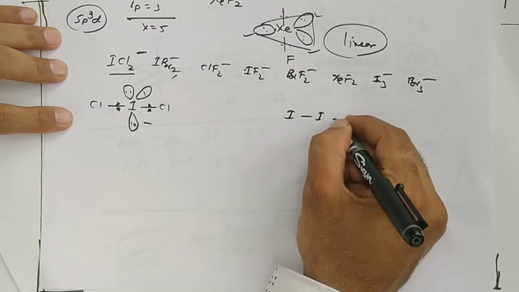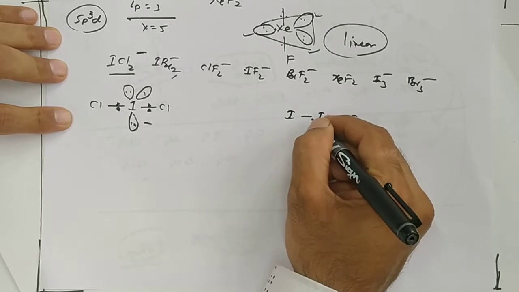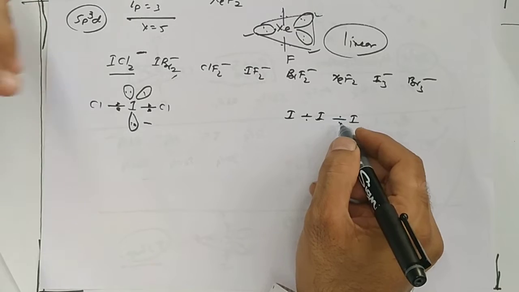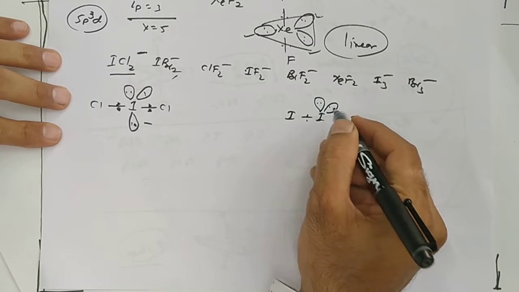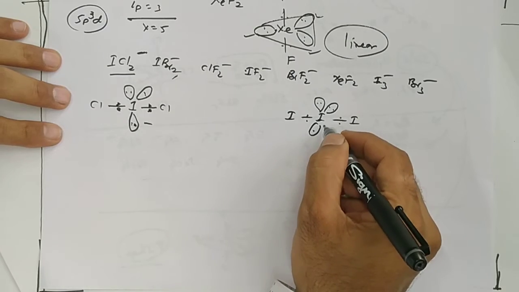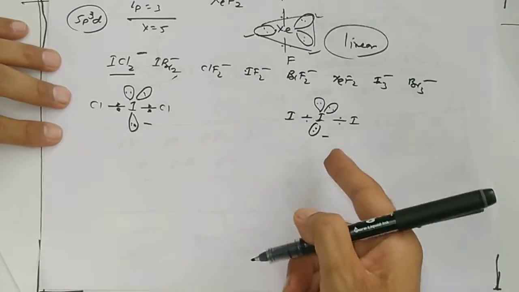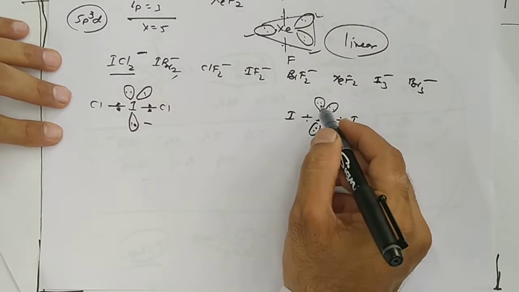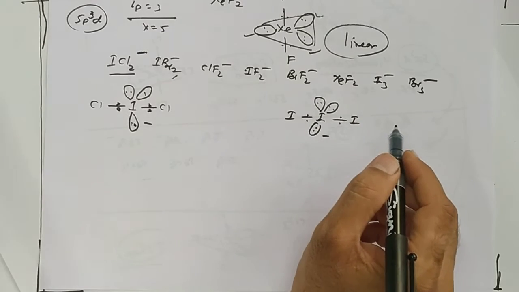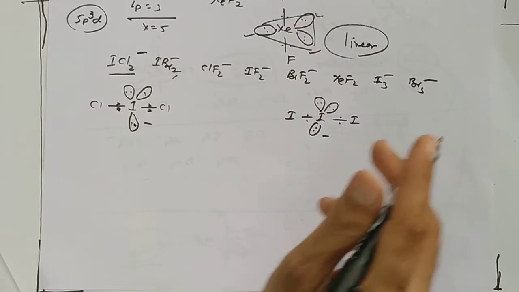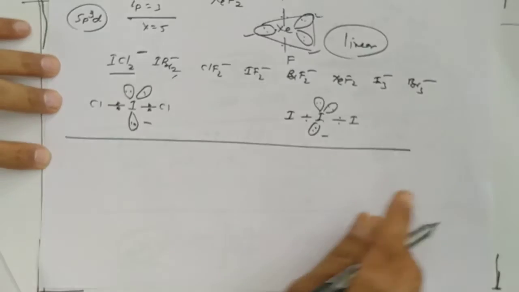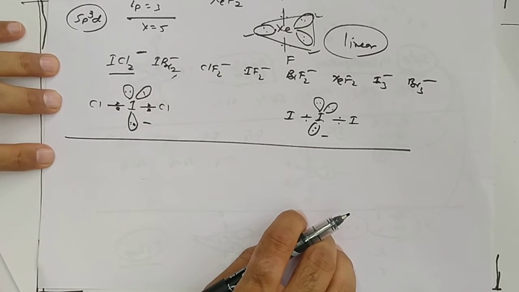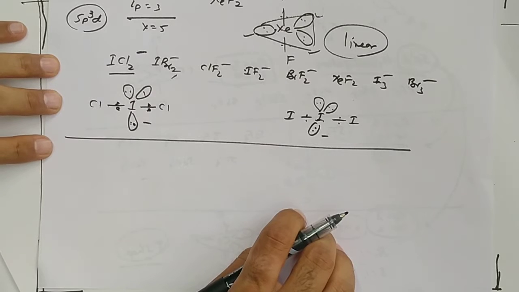Same for I3 minus. Iodine used 2 electrons, remaining are 5, and 1 is gained, so it became minus. So total lone pair electrons are 6, and pairs are 3. Yes. Check it out yourself in your homework. Compulsorily you have to check.